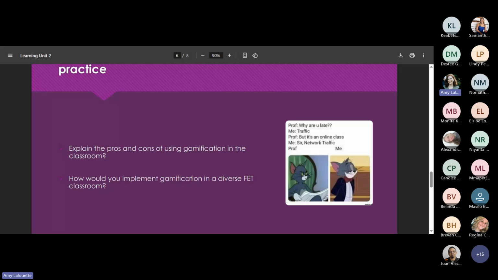So gamification is a fantastic way to consolidate information, to introduce new information. It's just a really great way for the learners to get involved.